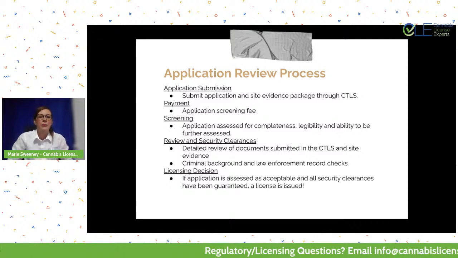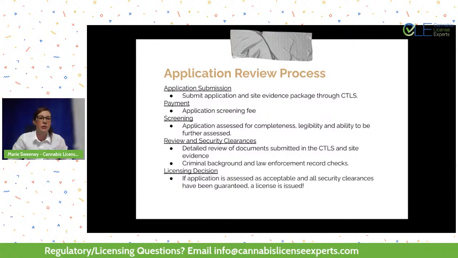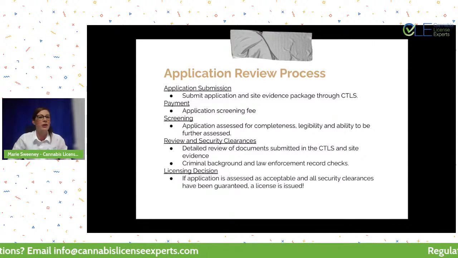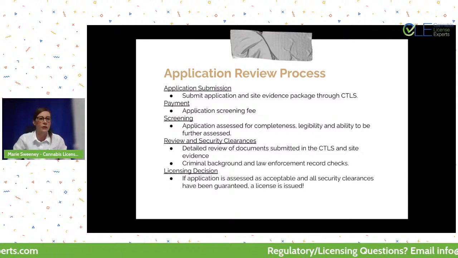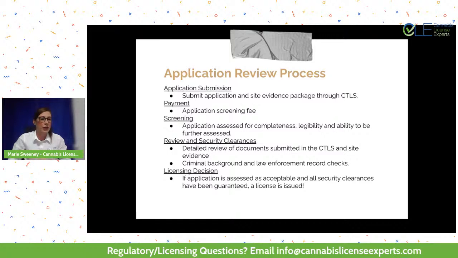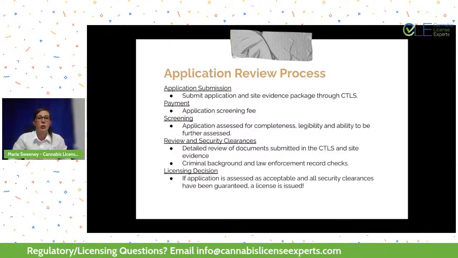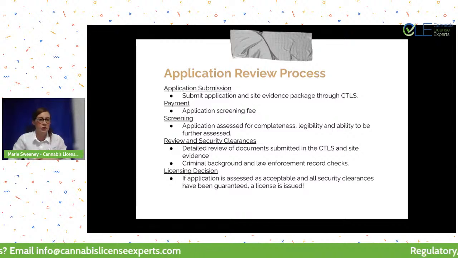Then we go through your screening process. The application is going to be assessed to make sure everything has been uploaded correctly, it's legible, none of the documentation has been corrupted, and there is a full ability to be further assessed. You'll get notification that the screening has been completed. Then you will receive notification that the review and security clearances are being conducted.